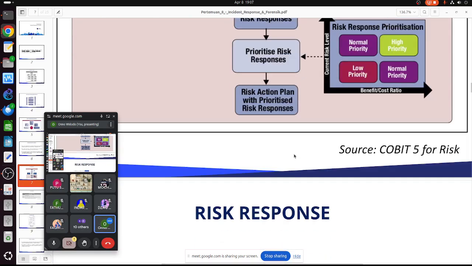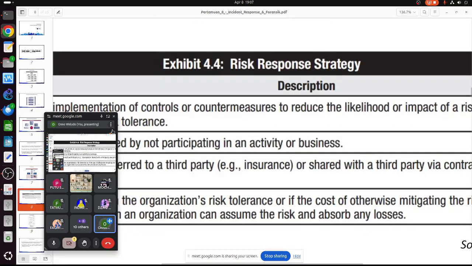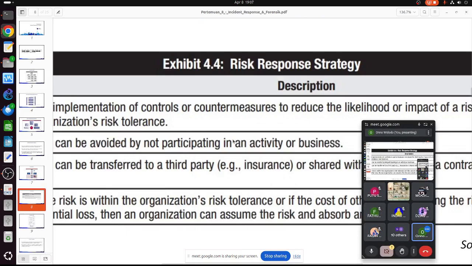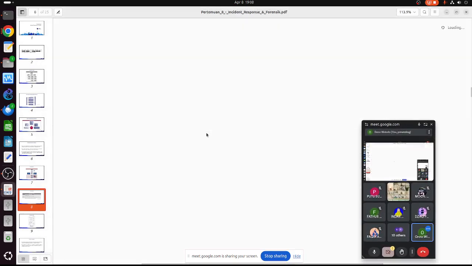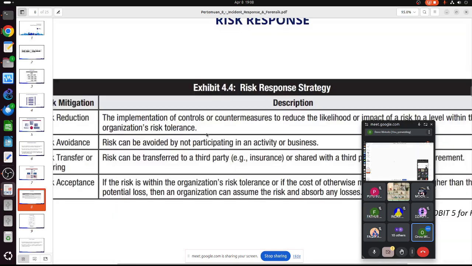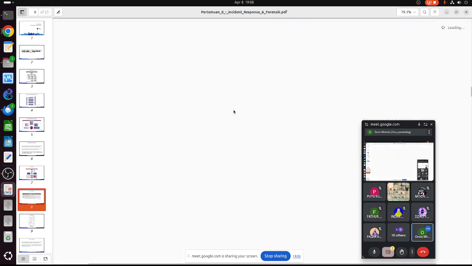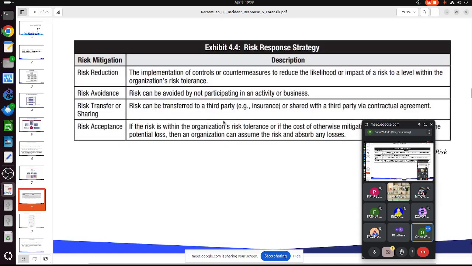Okay, now risk response. We can avoid, we can transfer with insurance, we can accept, we can mitigate, reduce.